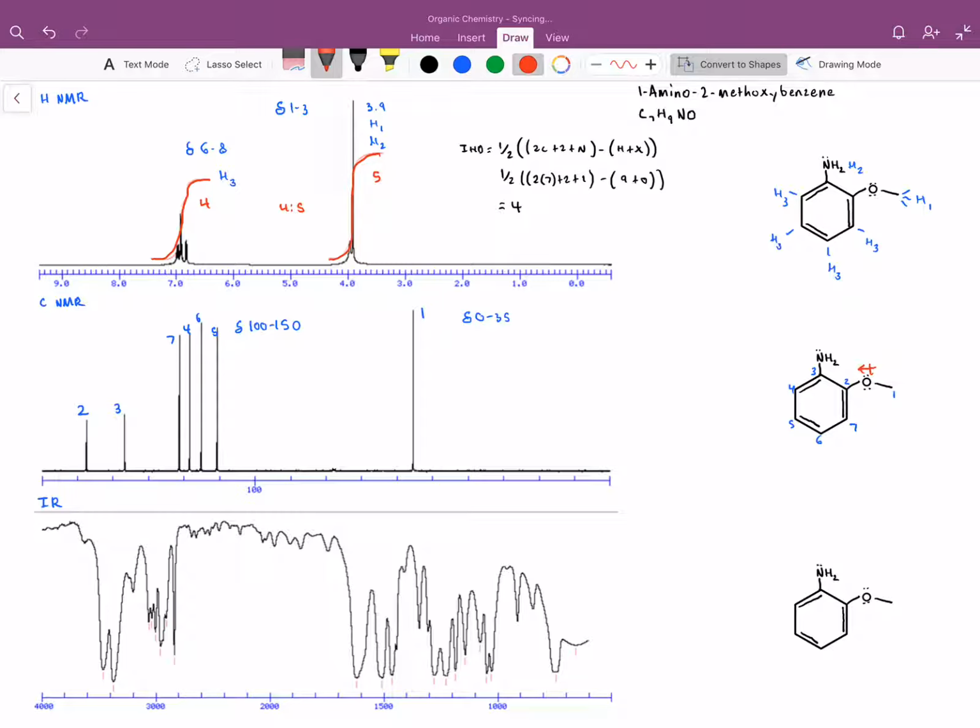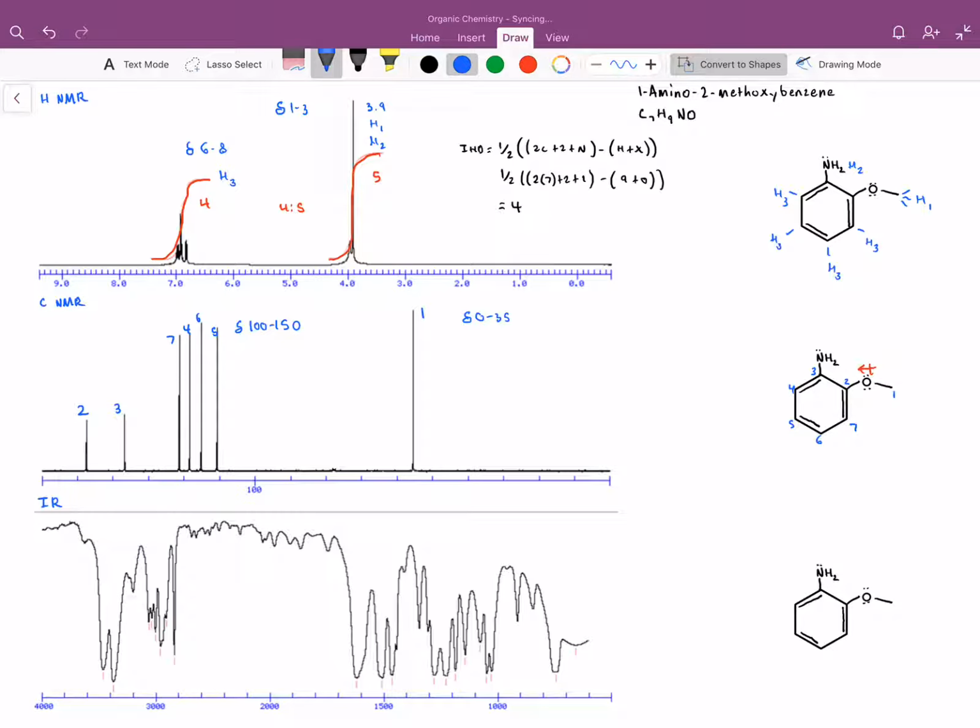Let's jump to the IR real quick. For the most part, everything that we see below 1500 is very messy. It's hard to determine any super strong evidence as far as confirming this compound with the data we've been working with.